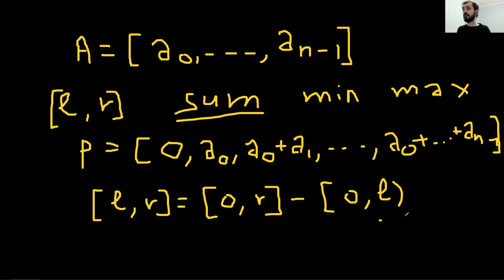And if you don't want to think about these half-open intervals, you can always write L minus 1 inclusive. So each segment can be represented as a difference of two segments starting at 0. And this part about starting at 0 is pretty important because it means that we can represent any subsegment as a difference of two segments of a very special kind.